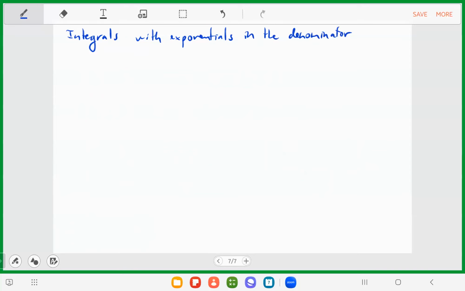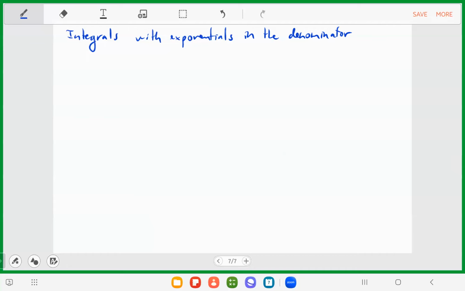But if there is some exponential in the denominator, that means that there will be more singularities for the zeros of the denominator. That means for the values that make the exponential be some specific value, the value that makes the denominator equal to 0.